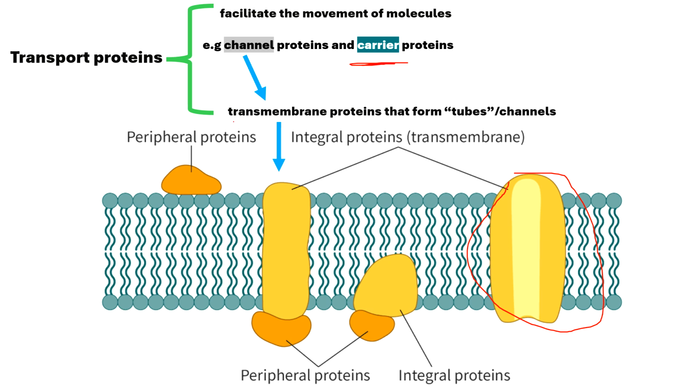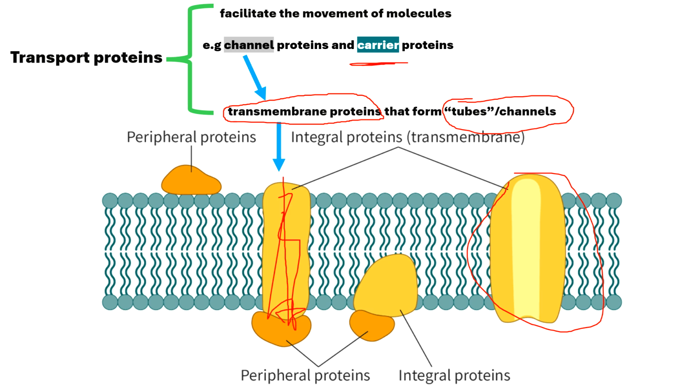Now these are transmembrane proteins, if we're looking at channel proteins, that form tubes or channels, as I said before. Transmembrane basically means that they move through the whole membrane, as you can see. Well, that's not a channel protein, sorry. They move through the whole membrane.